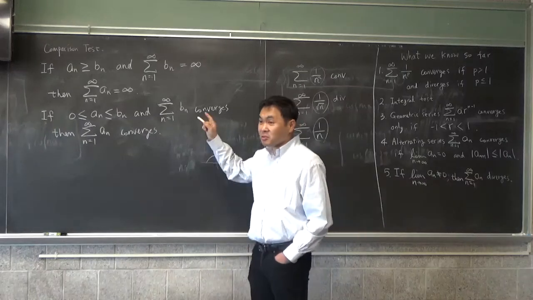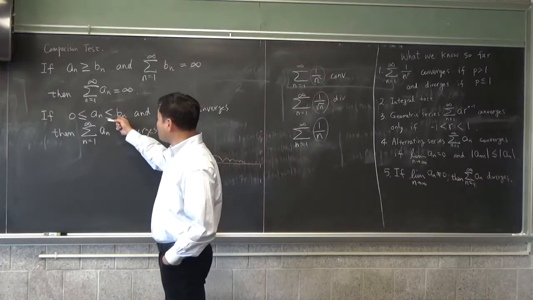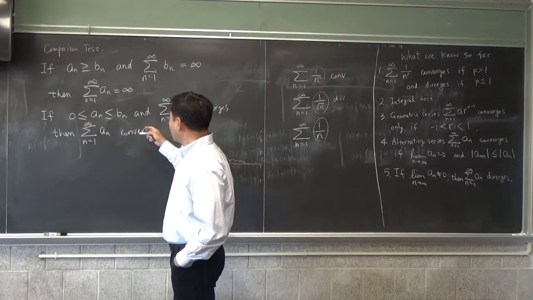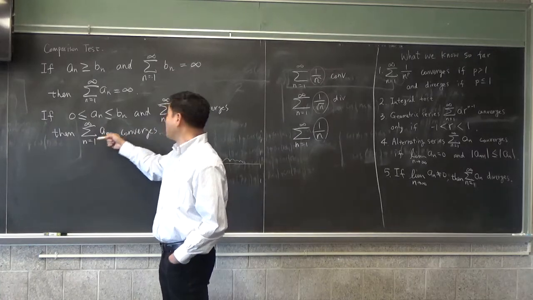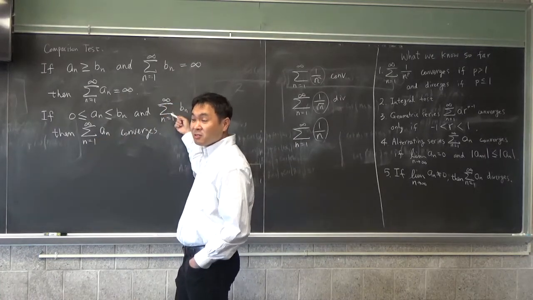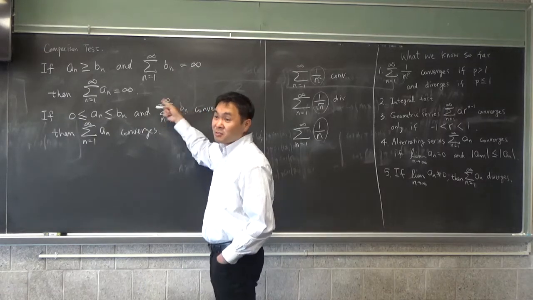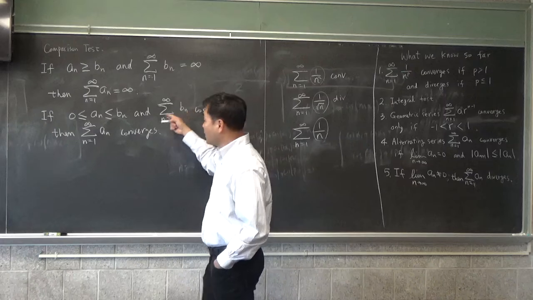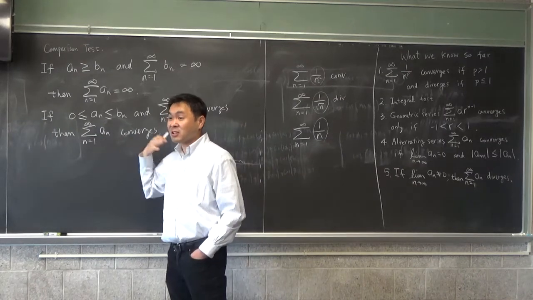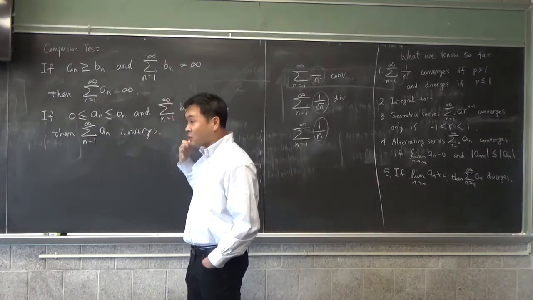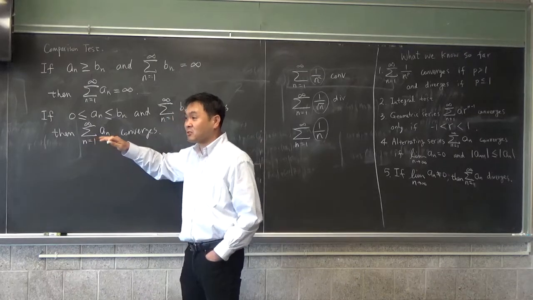And this time the inequality is the opposite. Bn is bigger than an, so the sum of an's must be less than the sum of bn's. But because sum of bn converges, this means that it's a finite value, right? And you have something positive that's less than some finite value, so that means this has to converge.